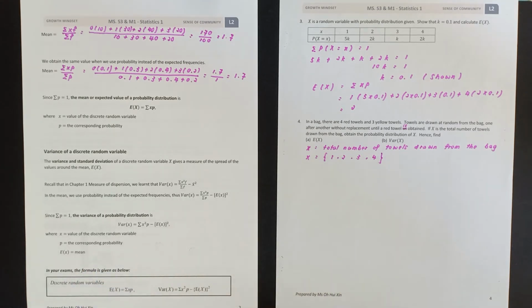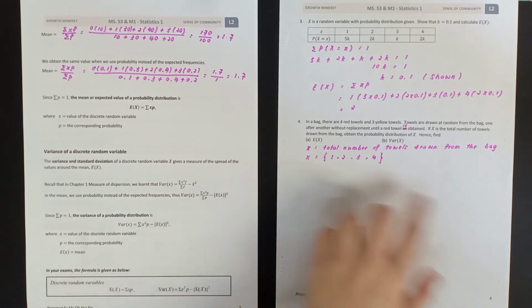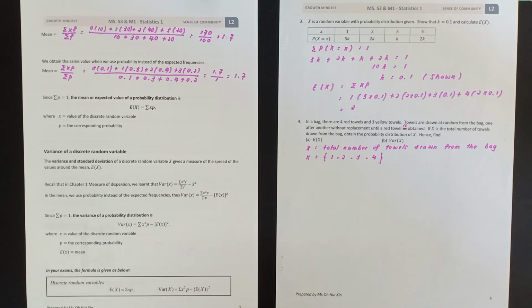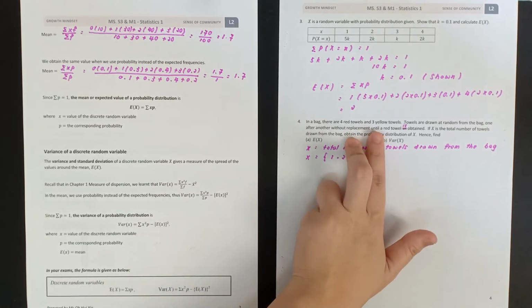Now let's try to find the corresponding probability. For this question, I am going to show you 2 ways, the combination and the tree diagram. For this question, the tree diagram will be much easier because you have only 2 variables here.